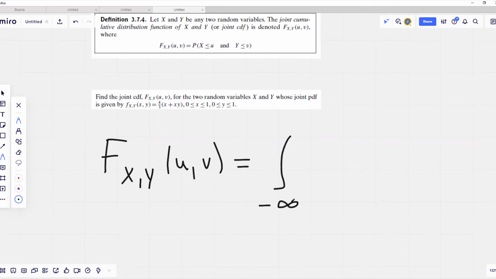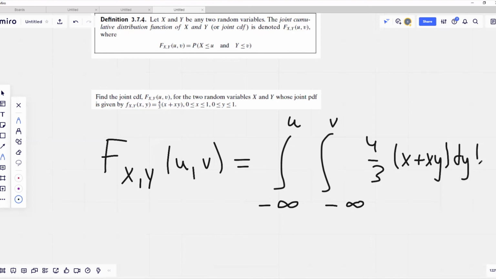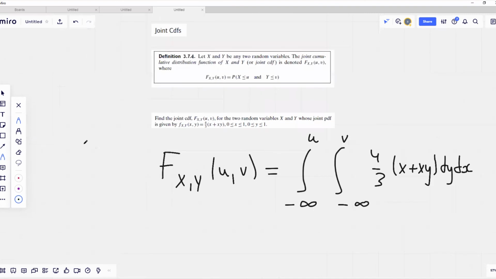So boundaries of integration for x will be from minus infinity to u, and simultaneously probability that y is less or equal than v. So boundaries for y is from minus infinity to v. 4 over 3 x plus xy dy dx.